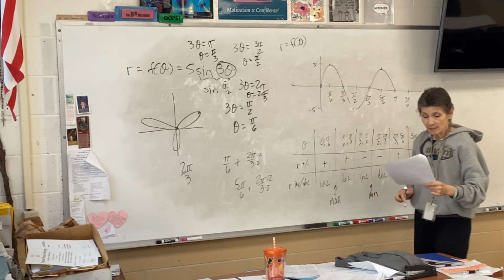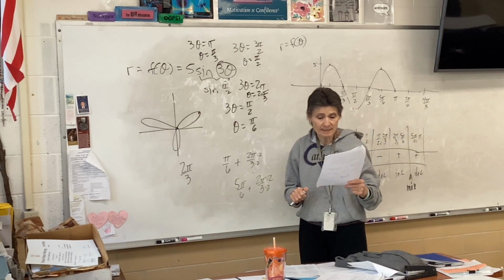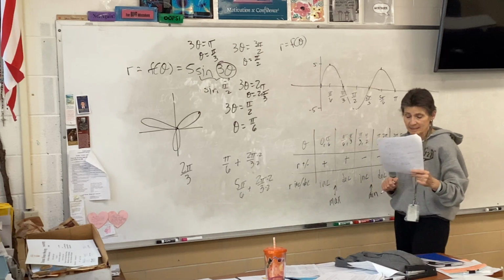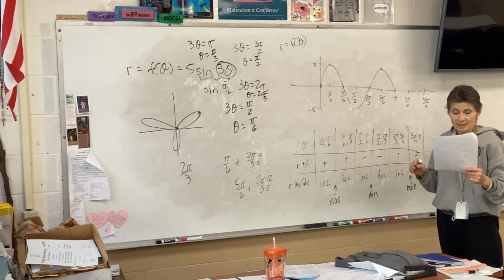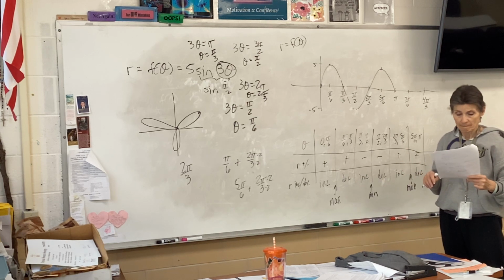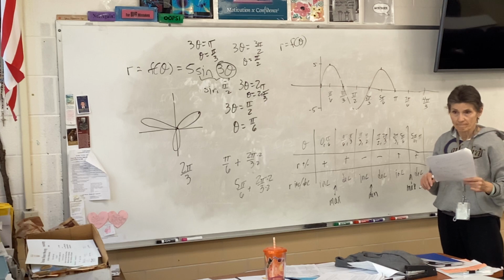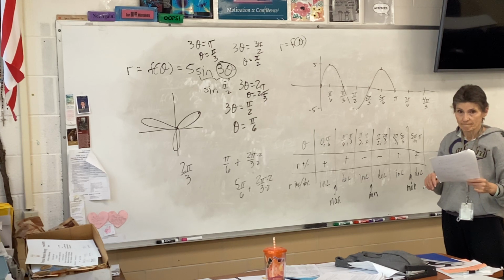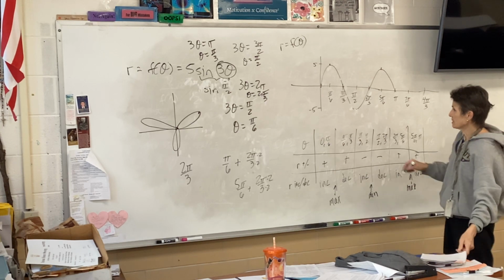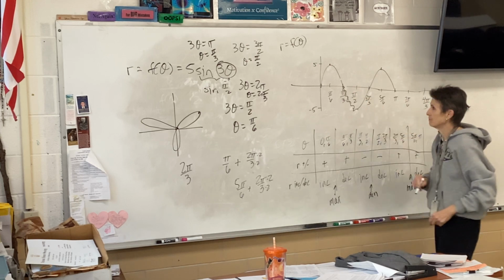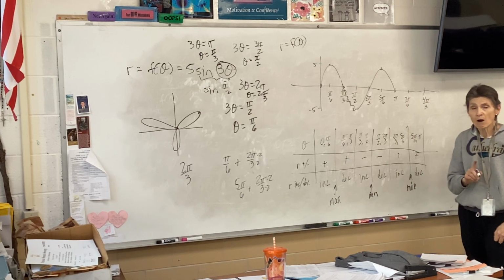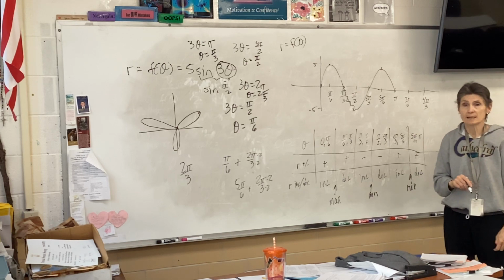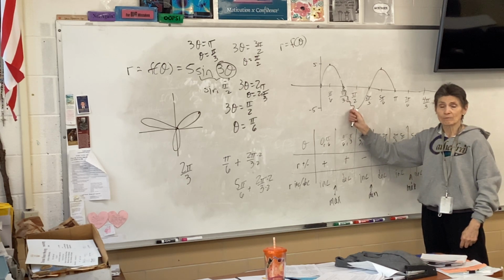All right, number 8. Jared says that whenever the radius is increasing, the distance between f of theta and the origin is increasing. Okay, let's look at this part of the graph right here for a second. Is R increasing on that interval right there?